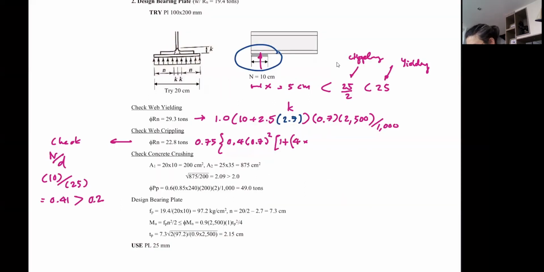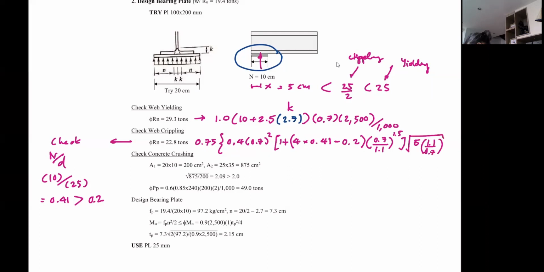Multiply by the ratio of 0.41, right? So N over D minus 0.2, the number from the formula, and then the ratio of the web thickness and the flange thickness. The power is 1.5, be careful. And then you're going to have the square root of E, let me shorten it. And this is going to be flange over web, so swap that.